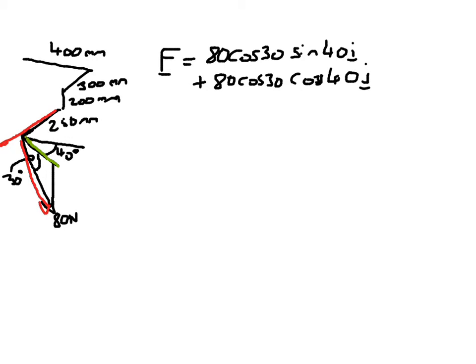It's also going downwards, so there's going to be a negative Z component, and that's much simpler because that's just taking this bit straight down here. So it's just going to be 80 sine 30, and that's in the K direction.